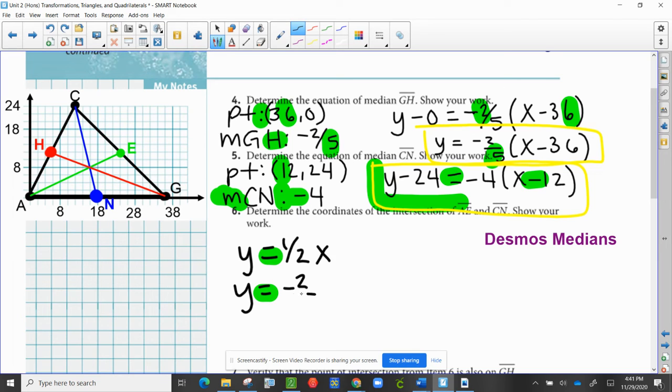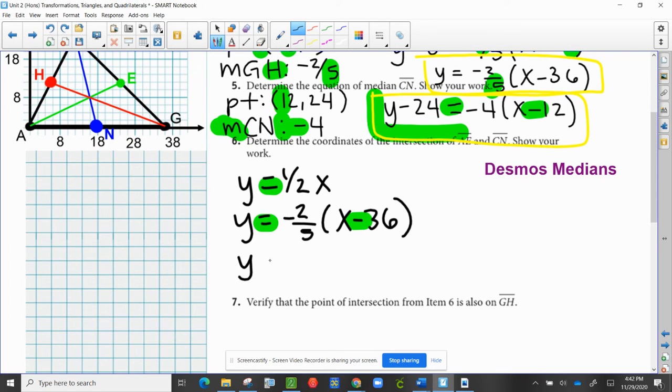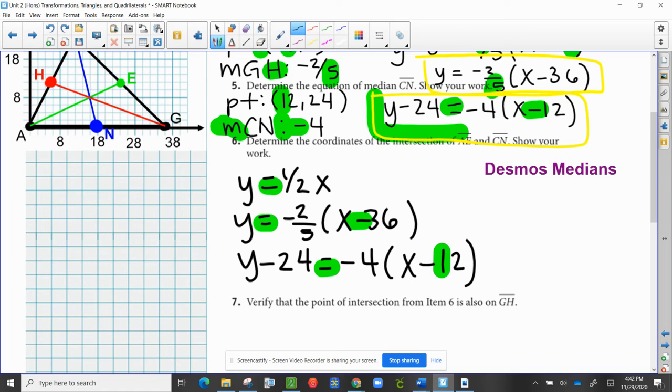So -2/5 times x minus 36, and then lastly, y minus 24 equals -4 times x minus 12. Now we could have simplified those if we wanted to. I'm just not going to because I'm not going to solve the system by hand. I'm going to use Desmos to do it for us.